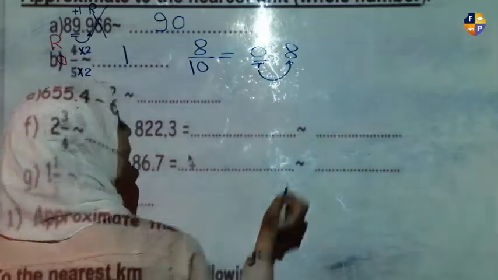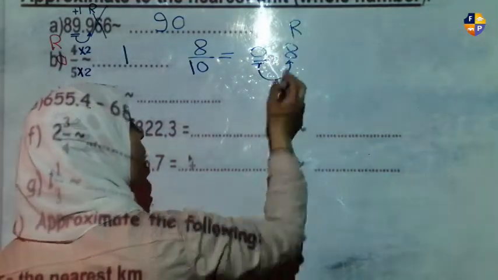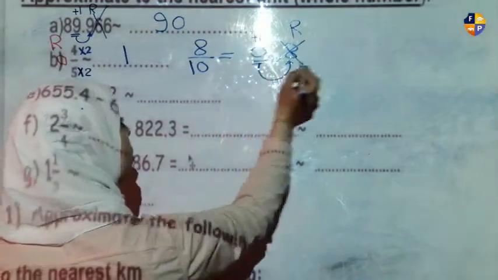Underline the digit in units. Look at the digit before units. 8 is rich. So I will remove the decimal part and add 1 to units. 0 plus 1 equals 1. The same result.